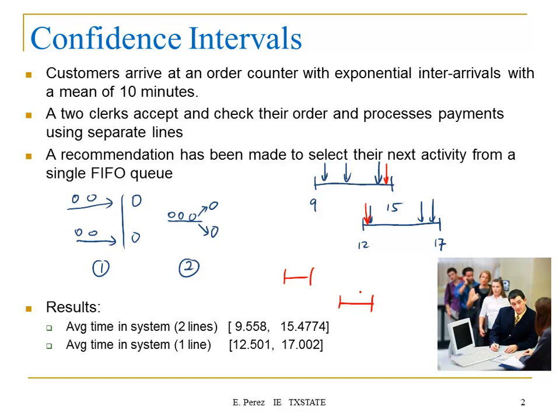If they do overlap, then there's no way that you can tell that one is better than the other, because the population mean is somewhere within those bounds. Okay? So that's a real problem example. Again, very simple, but it gives you some intuition about how this information and these techniques are used.